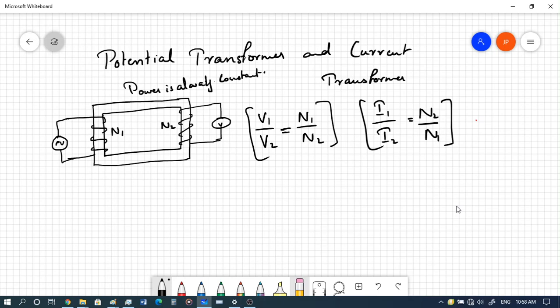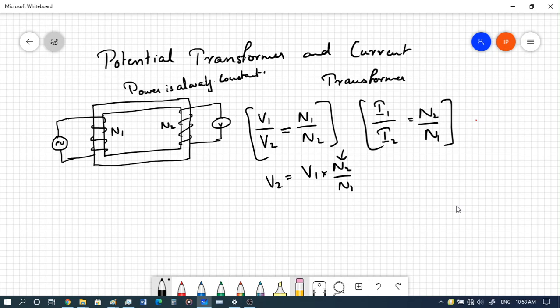So let's say you have more turns in the secondary. What happens? The voltage will increase in the secondary, because V2 is equal to V1 into N2 by N1. Since the number of turns N2 is more than N1, V2 will be more.